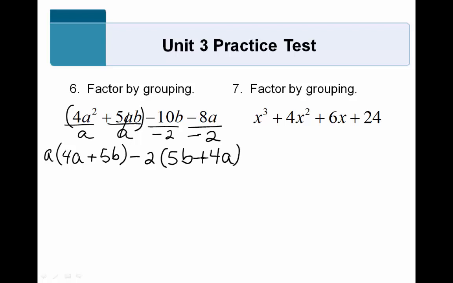Now 4a plus 5b is the same as 5b plus 4a. So these two terms, a times 4a plus 5b and negative 2 times 5b plus 4a, have a common factor, 4a plus 5b, that I'm going to factor out now.